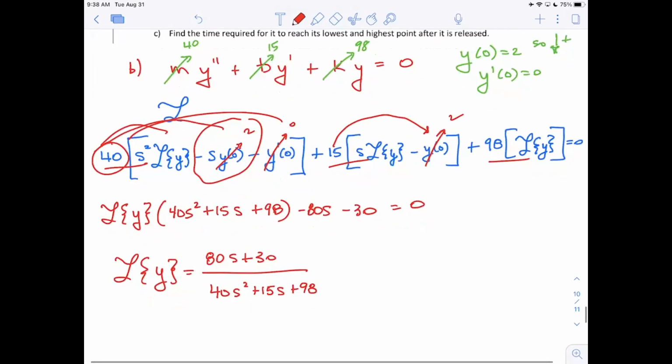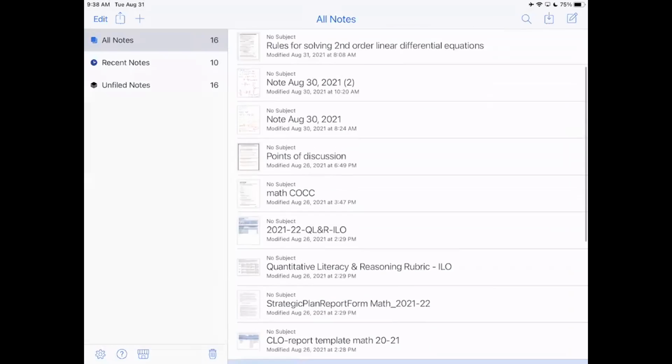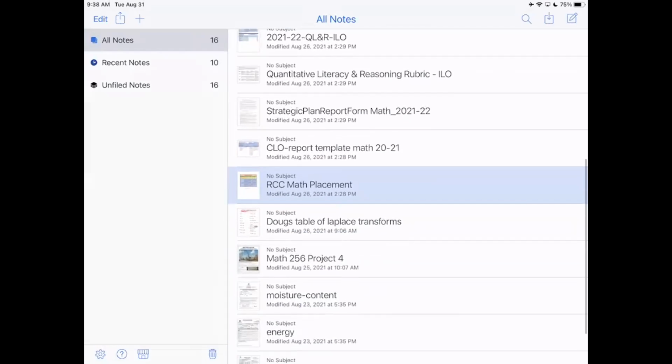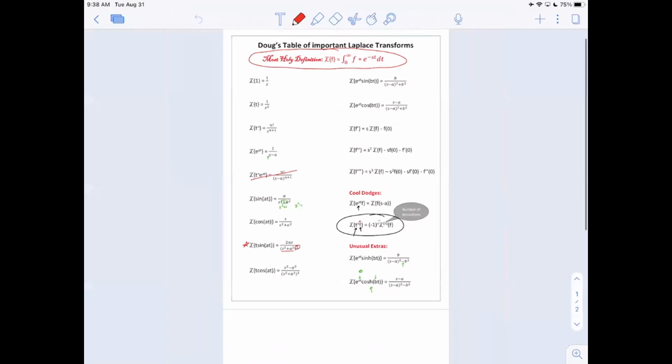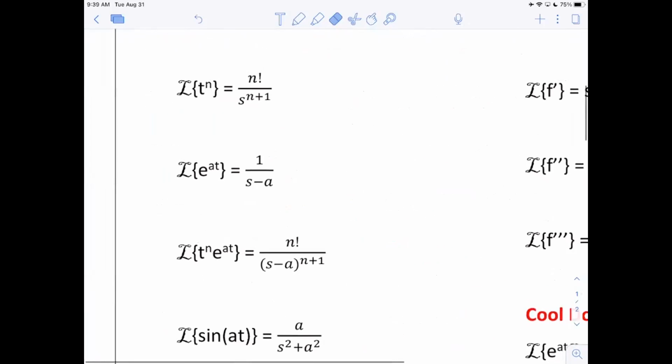Okay, so do I still have the Laplace table? So the question is, is there something here that I can get this thing to look like? Get rid of all previous marks. So remember, what I would really like is to factor it.